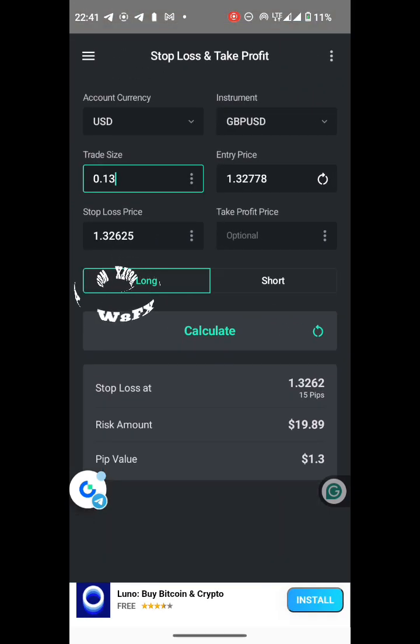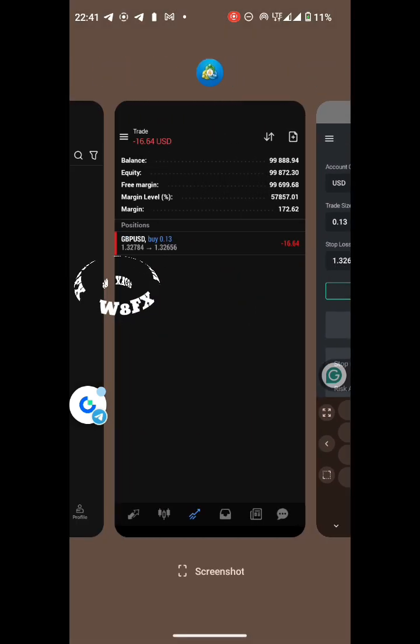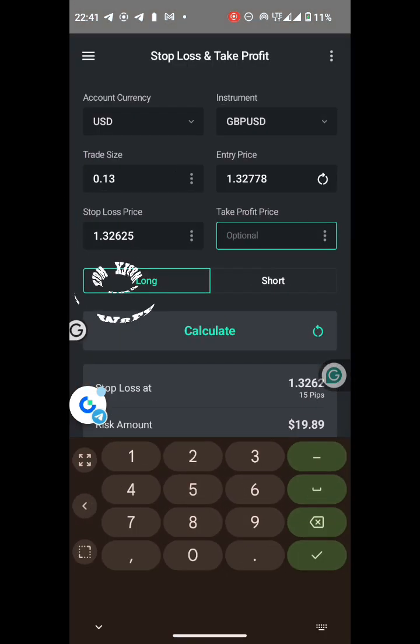In case we are following a signal, and we have not just one take profit price, but two, maybe TP1 and TP2. If we have more than one take profit price, that means we are going to open more than one position. Let's say TP1 and TP2.